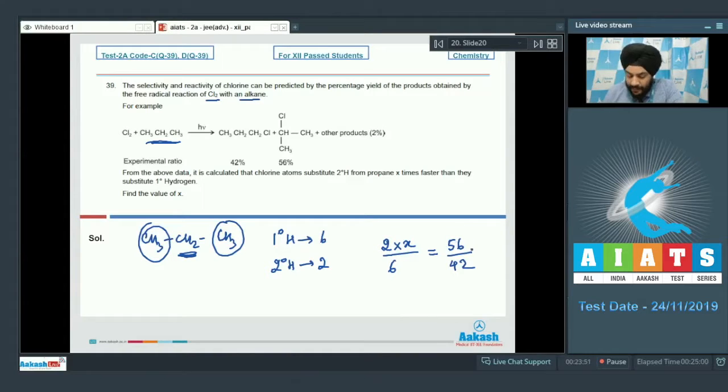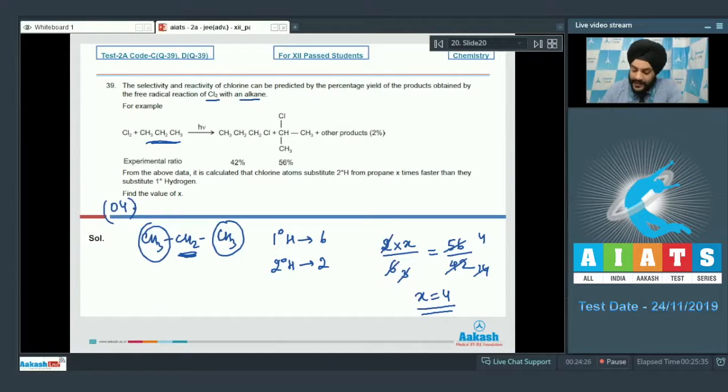This should be equal to the relative amounts of the products formed from the substitution of the secondary and the primary hydrogen given in the question. 2 will cancel 6 3 times, and 3 will cancel 42 14 times, and 14 will cancel 56 4 times. So we can clearly see that the value of X is equal to 4 in this case, students. So for this question, we have to report the answer as 04.